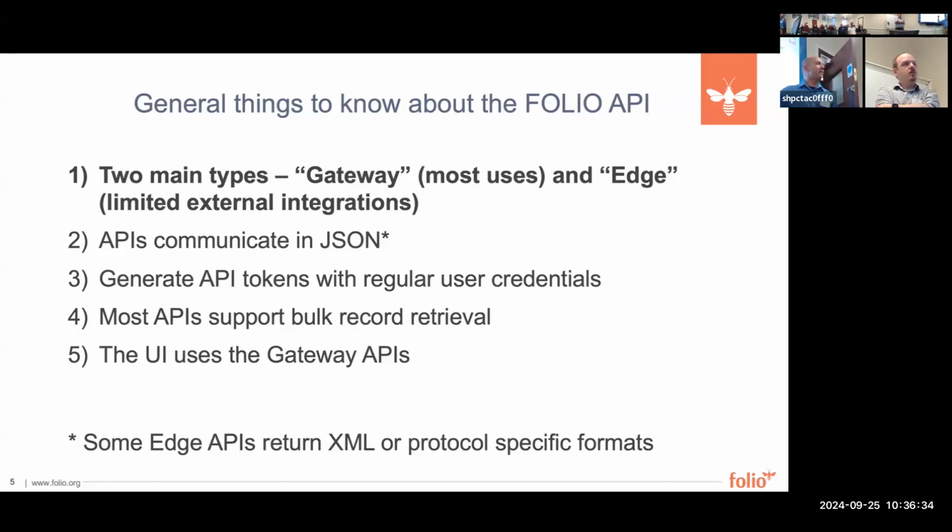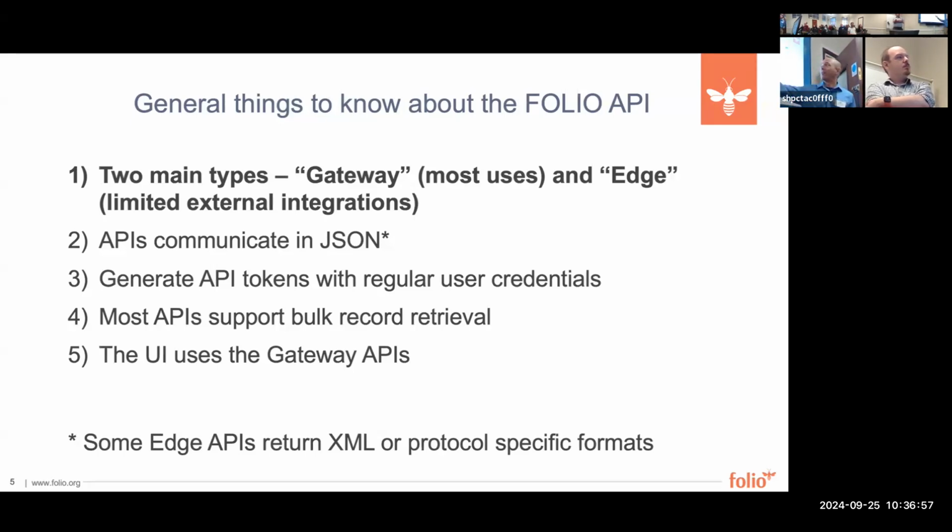But the edge APIs are for very specific integrations, like your discovery layer. It could be for Gobi orders, or SIP2. They're very specific integrations, and so when you're trying to customize stuff, don't even worry about the edge APIs.